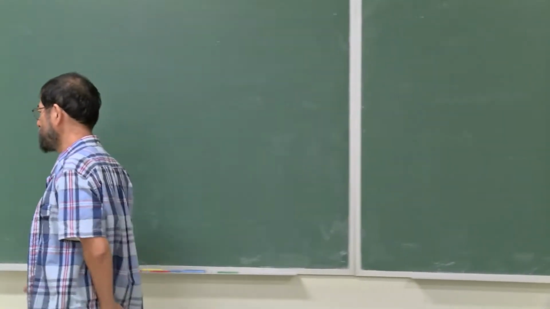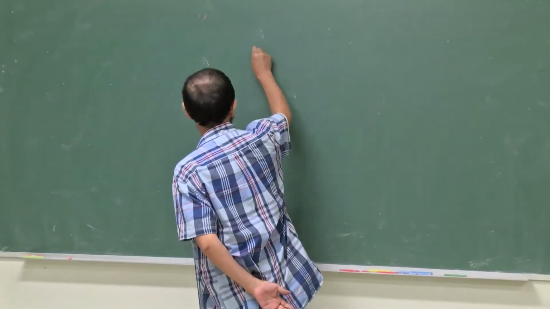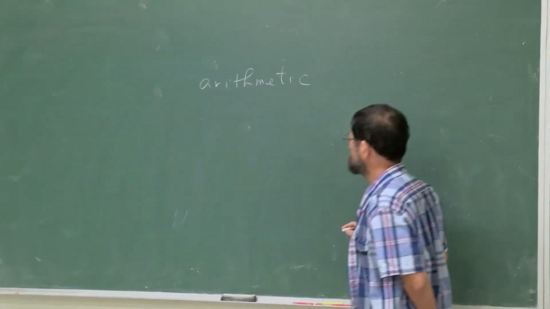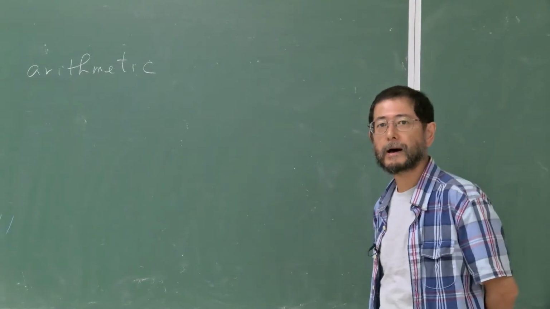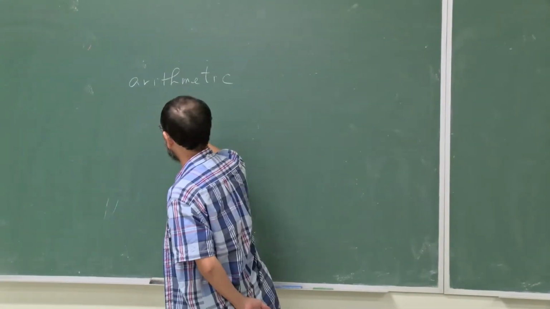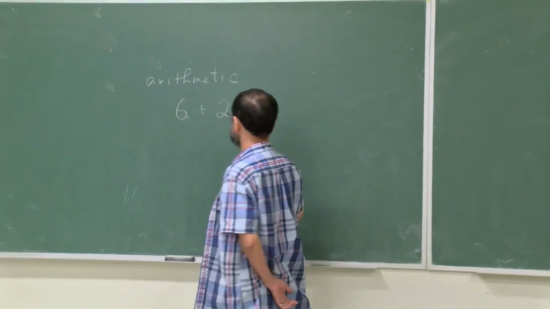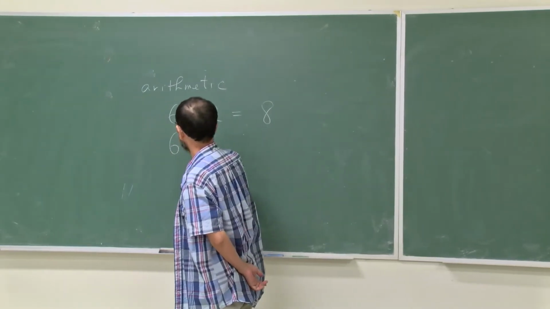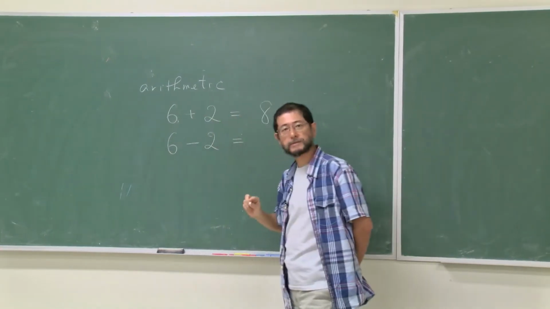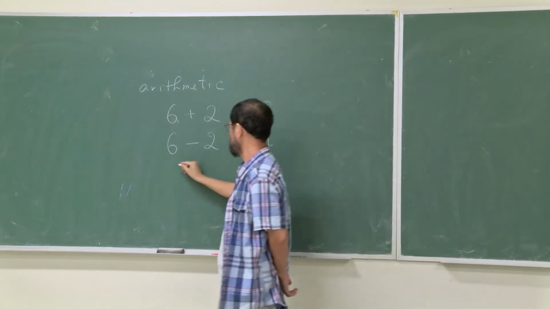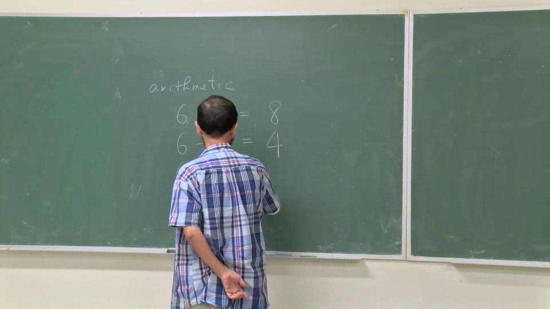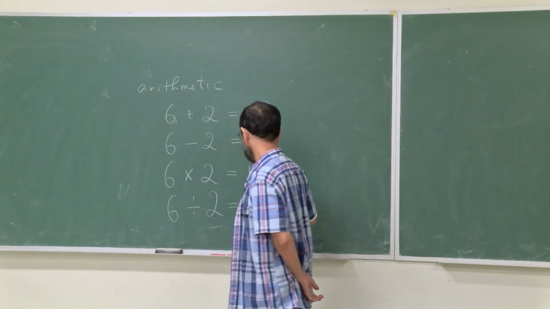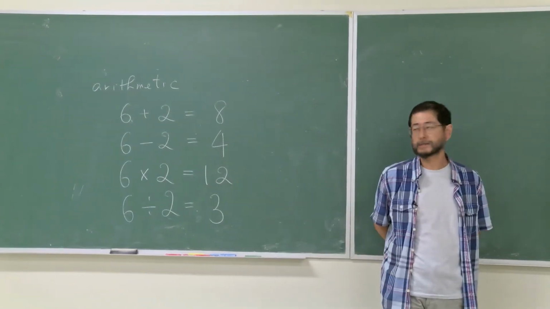First of all, before you come to this class, you probably studied how to, for example, add two numbers like this, and how to subtract, how to multiply, then how to divide two numbers.